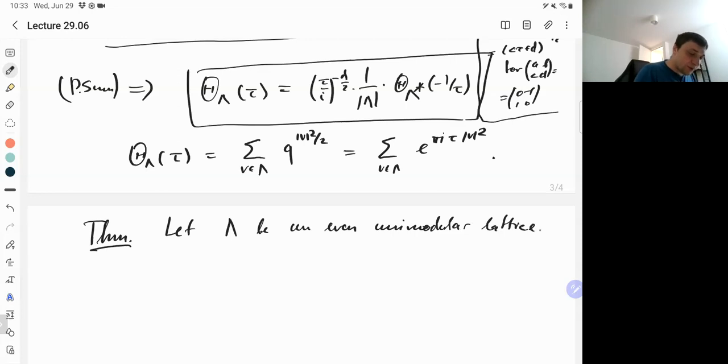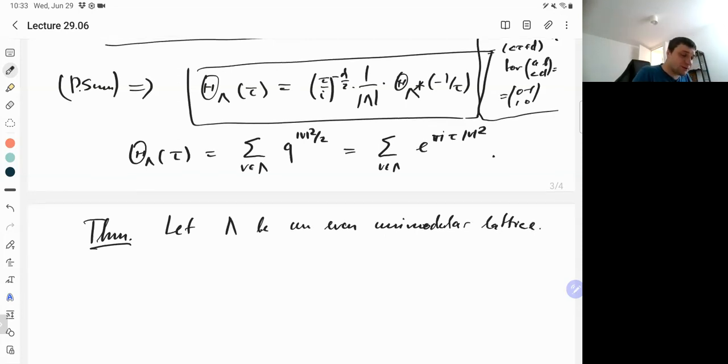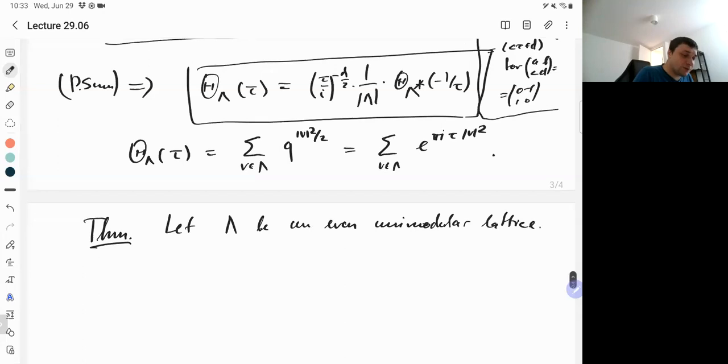I'll remind you that unimodular just means it has covolume 1, and even means that the square of the norm of every vector in the lattice is an even number. Let's say in R^d.